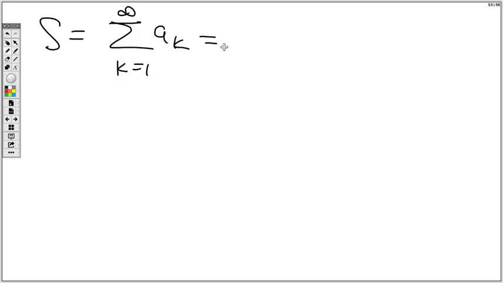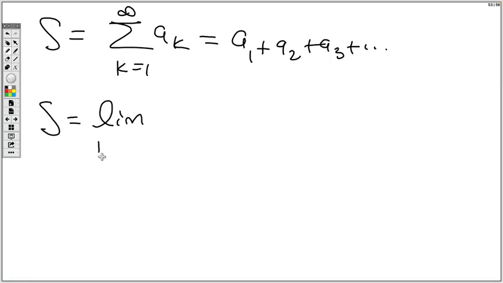So we're in the middle of series. So we got series. Remember what a series is: it's an infinite sum. The way we define series is we take the limit of finite sums.